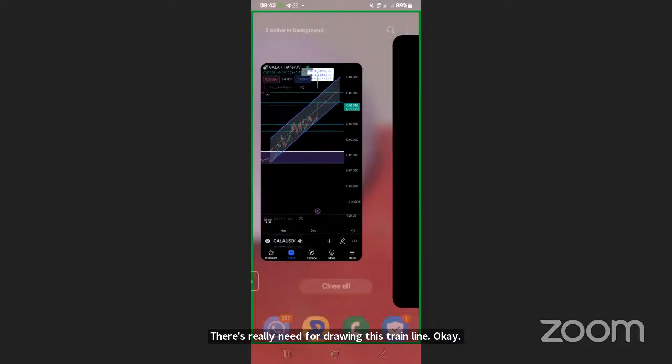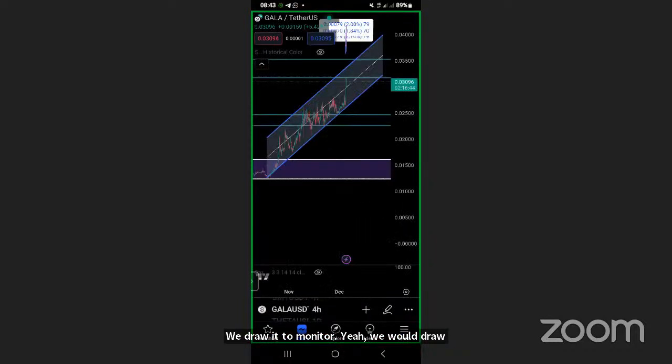Yeah, we draw it to monitor the trend. We want to see how far the price is going to rise because we know it is not going to rise forever. There's a point that is going to come where the price is going to be halted. There is a resistance area, a resistance price or a resistance line, where the price is going to be halted.